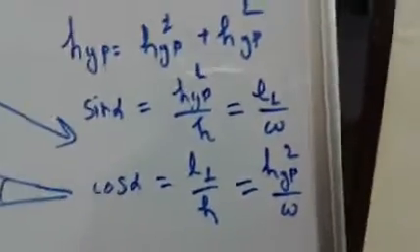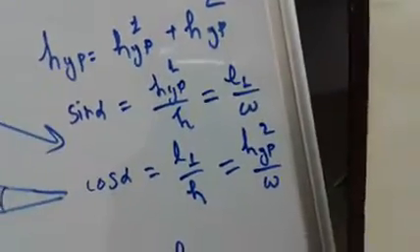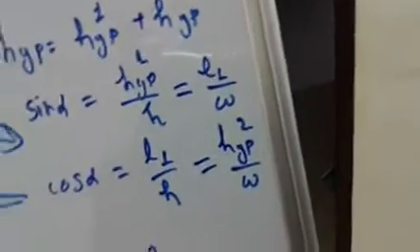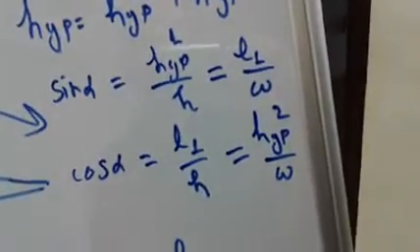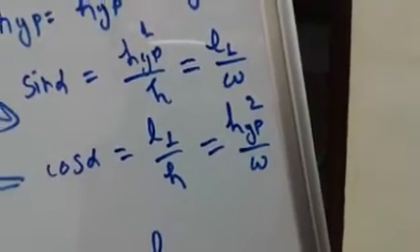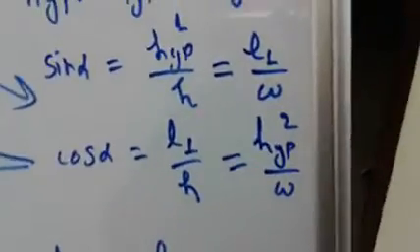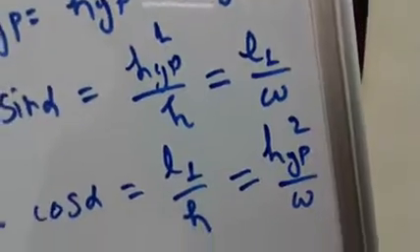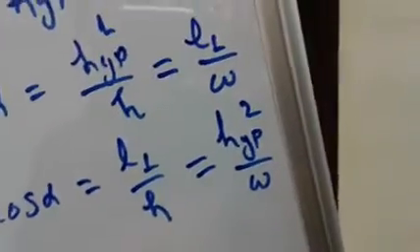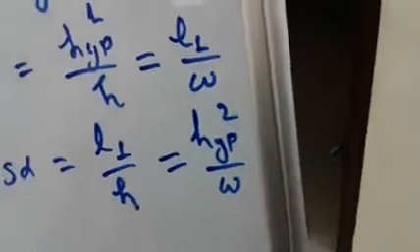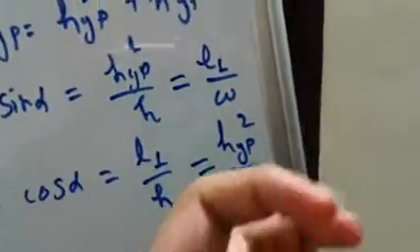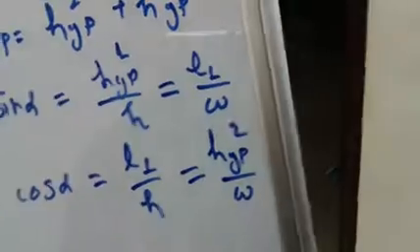Therefore, if w is greater than h, then w by h is greater than unity, and h by w is less than unity. Which means that h by p1 needs to be amplified to be brought at par with h by p2.